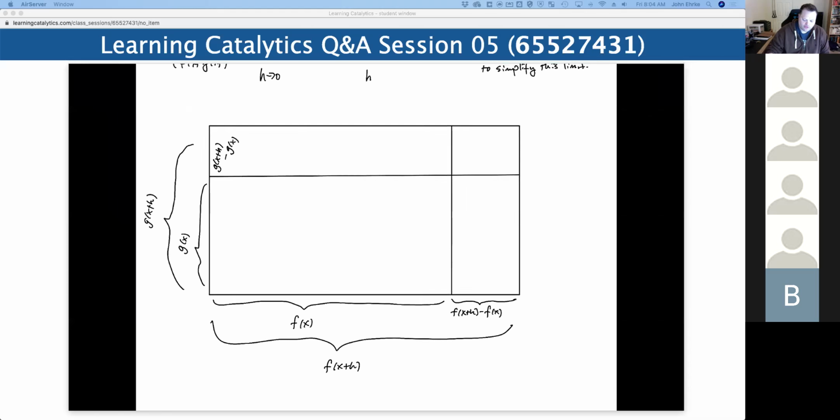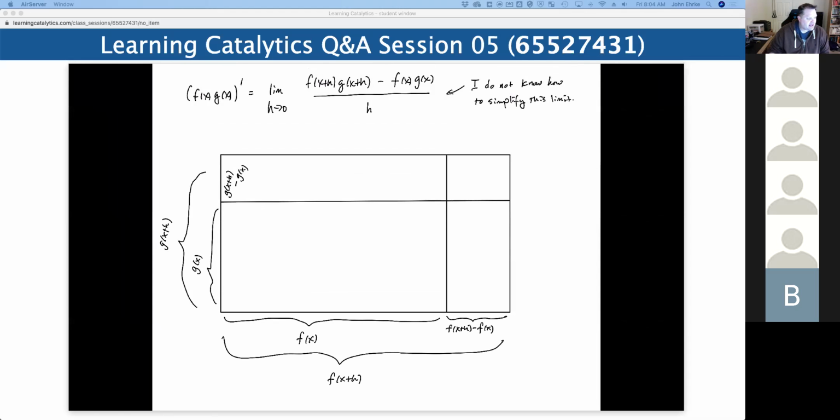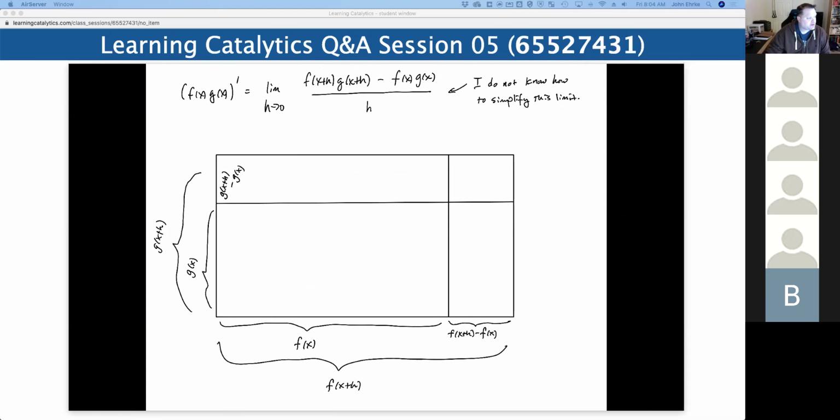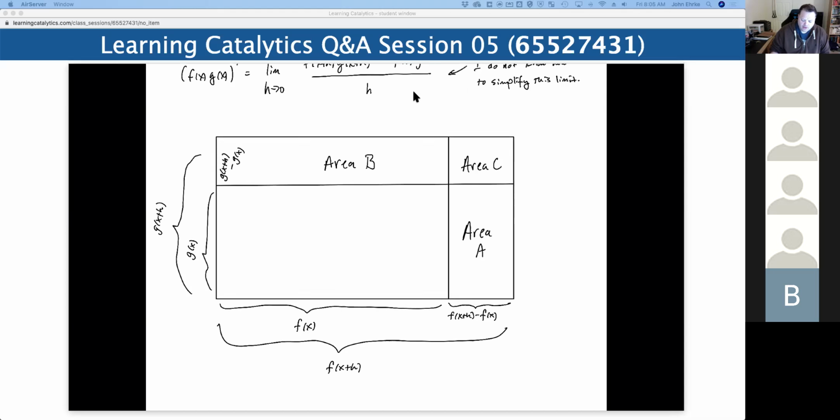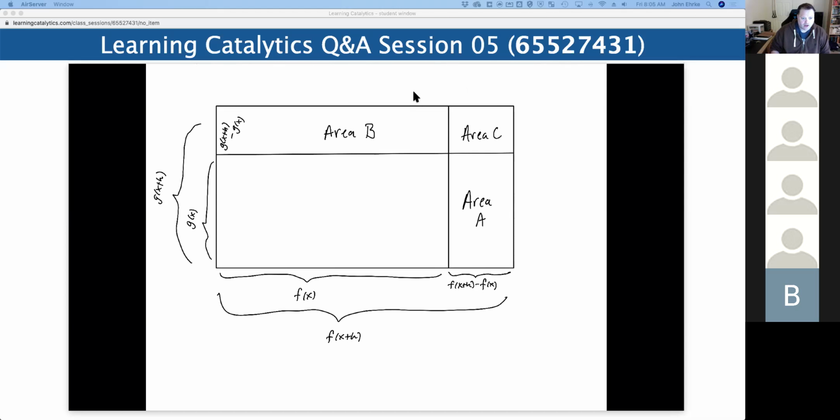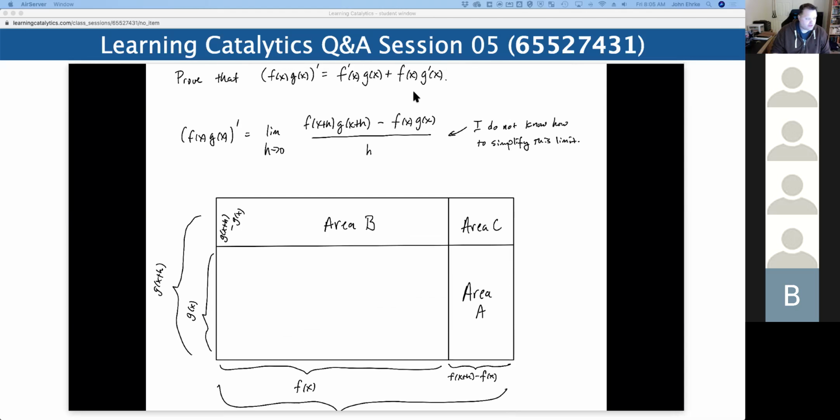So with that image in mind, can I use this to tell me how to simplify this piece right here? Because if you look at it and you separate it into areas, say I call this area A, I call this area B, and I call this area C, then it seems to me that this numerator that's up here, f of x plus h, g of x plus h, minus f of x, g of x, is the sum of these three areas.